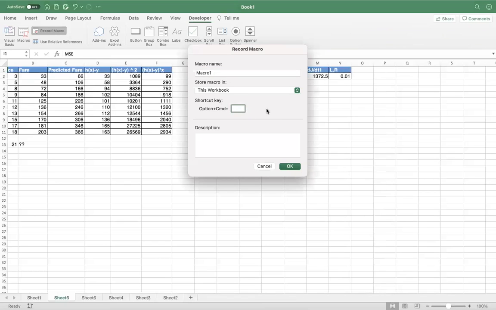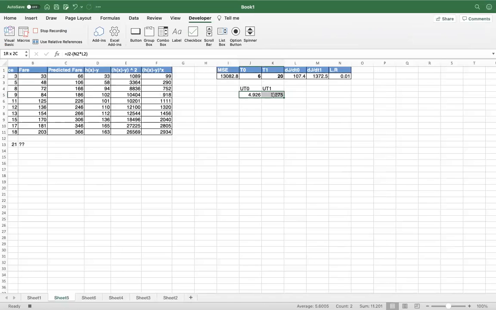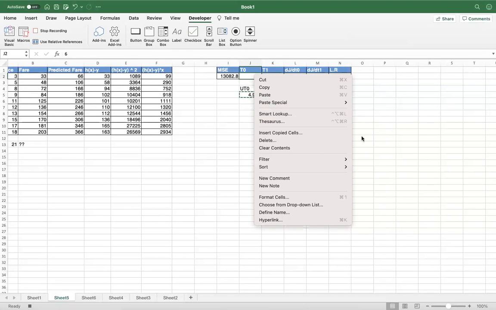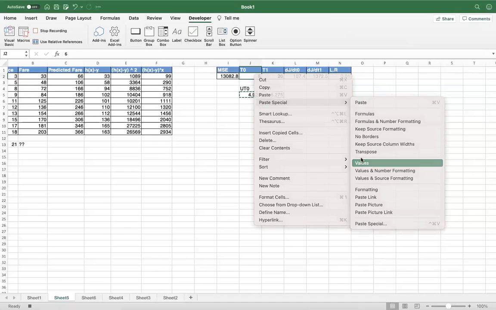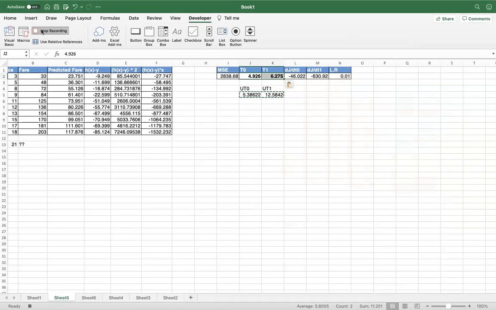I'm going to give that option as Q, Control Q. So I'm going to copy these values and paste special here. I'm stopping the recording. Clear?